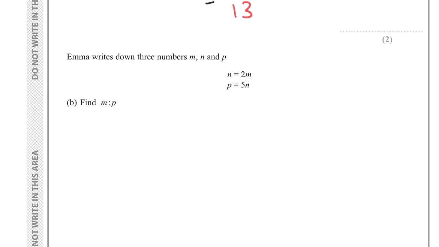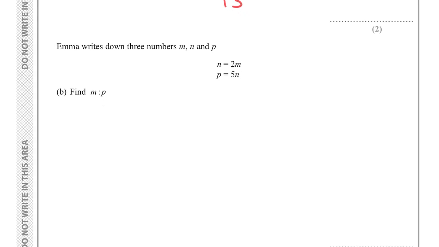Okay, so we've been told. Alright, the way I would probably go about doing this is I'd probably think of replacing that N with how many P's. Because we want M and P, so we need N to just go, to be honest with you.